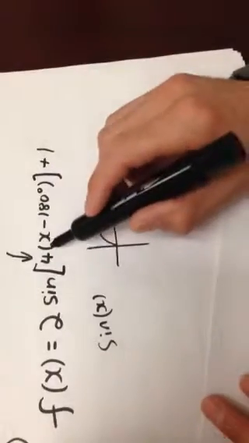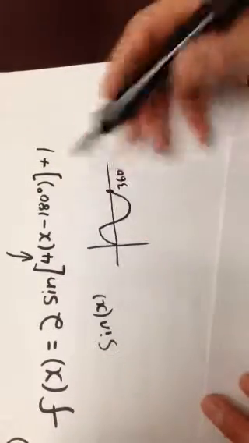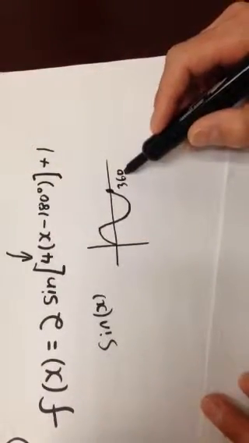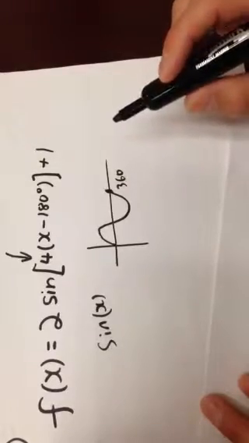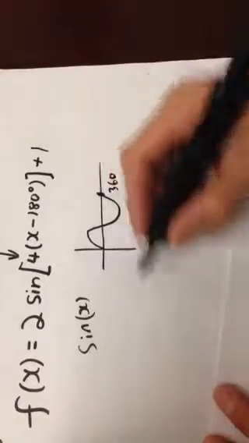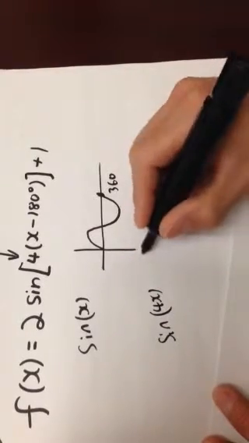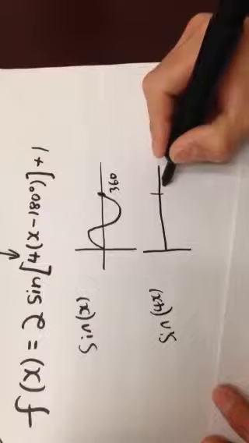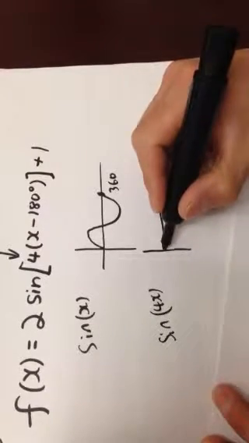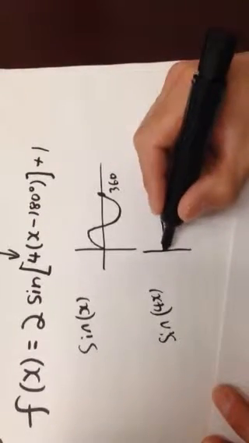So if we multiply x by 4, the effect that has on the period is it divides it by 4. So if I was to plot the sine of 4x, I would have, over 360 degrees, 4 up and downs as opposed to just 1.